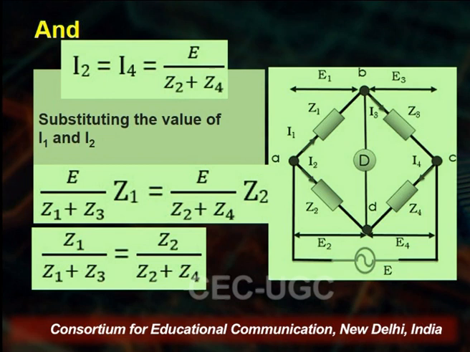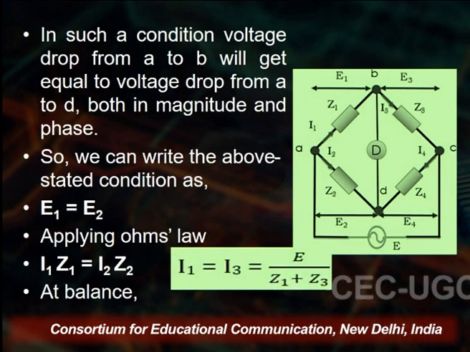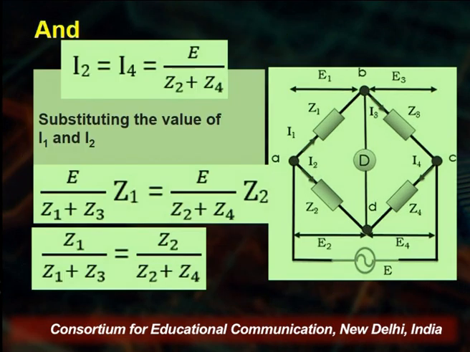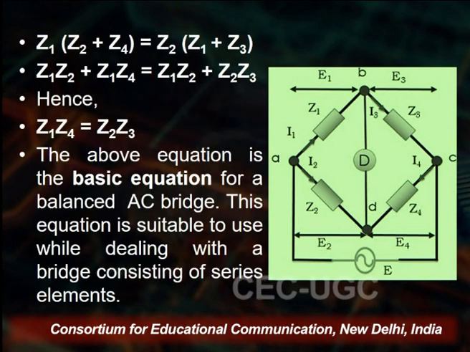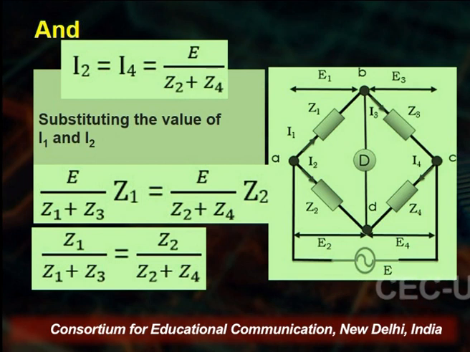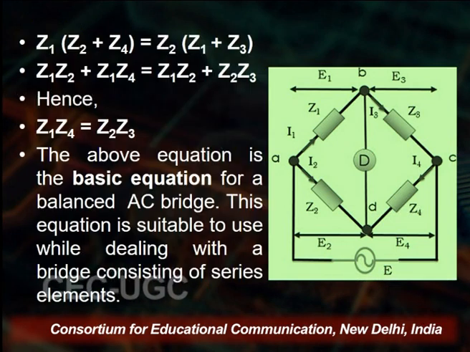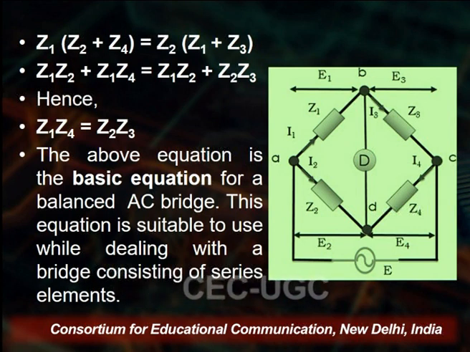Finally, substituting this value in the equation I1 Z1 is equal to I2 Z2, after solving it we get Z1 divided by Z1 plus Z3 is equal to Z2 divided by Z2 plus Z4. Now, doing cross multiplication, it is Z1 into Z2 plus Z4 is equal to Z2 into Z1 plus Z3.